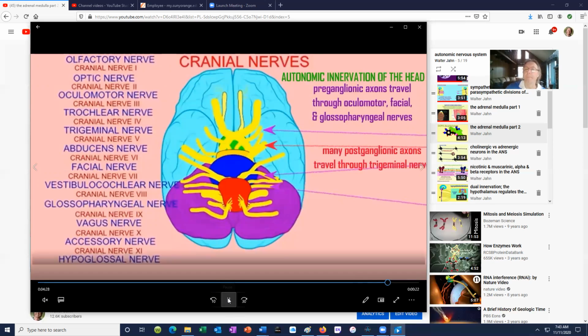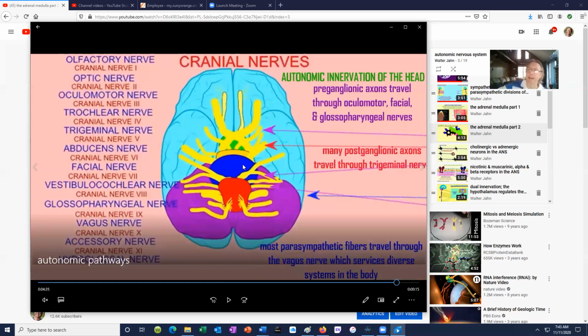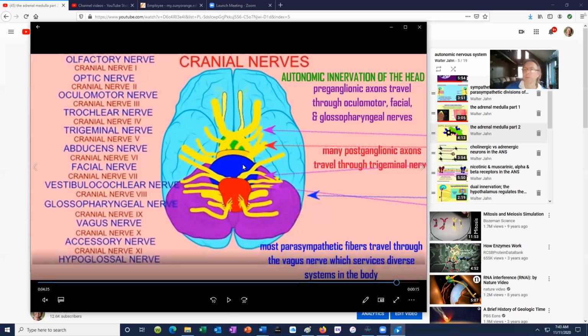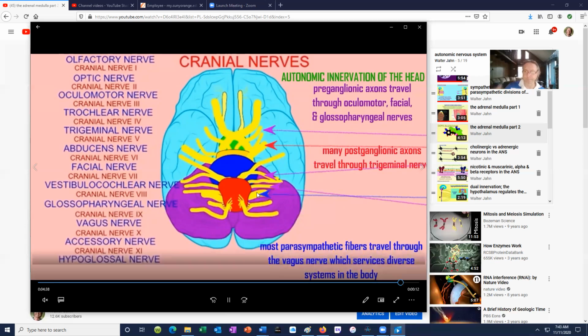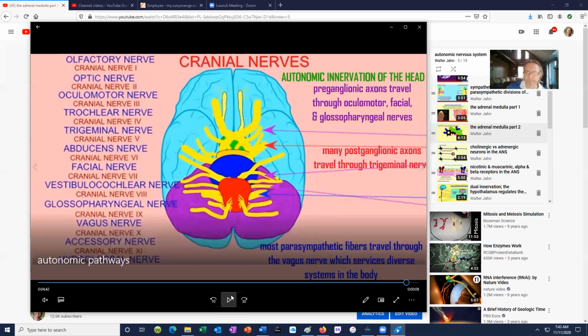And then many of the postganglionic neurons go through the trigeminal nerve. So there are a couple of cranial nerves where the preganglionic fibers leave, and then the postganglionic fibers have different routes, some through the trigeminal nerve. But once again, it is the vagus nerve, cranial nerve 10, which carries the majority of the parasympathetic fibers of the body.